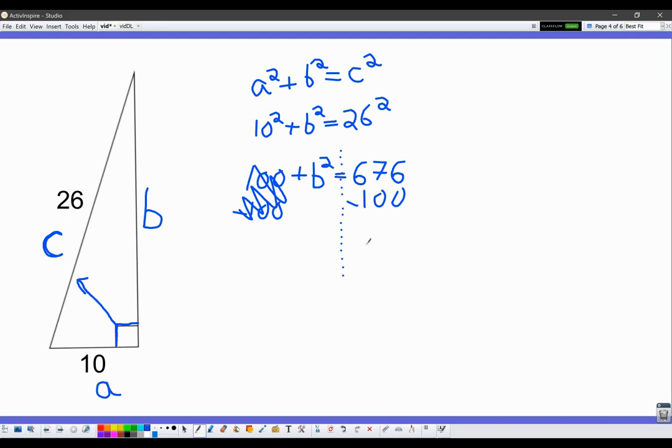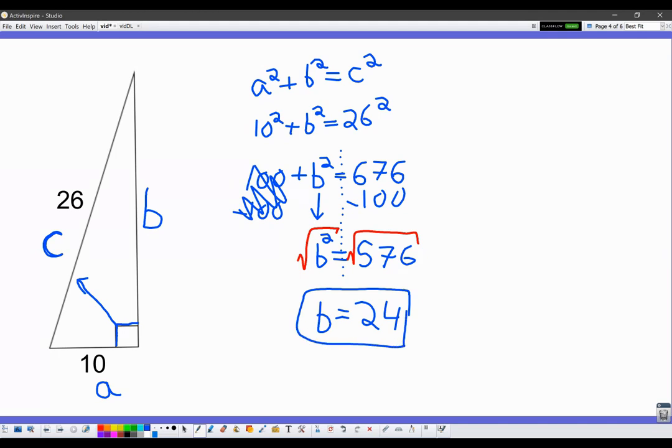And that gives me 576. On the left-hand side, I drop the B squared down. And so I end up with just B squared. And just like last time, I need to take the square root of both sides to find what B is. So here I end up with B. And the square root of 576 ends up being 24. So my answer here is 24.